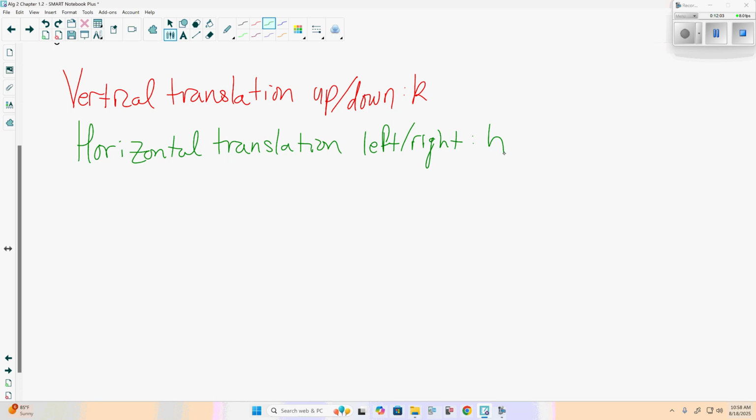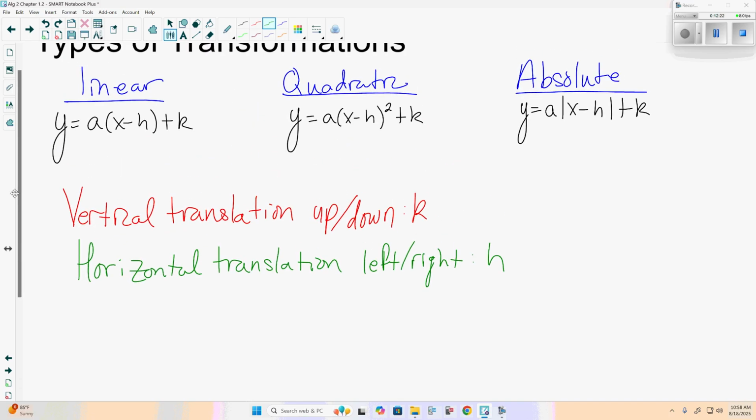That tells us how far the function is moving to the left or right. And with horizontal translation, it's going to be the opposite of what we think. It's going to be the opposite of how it looks, because inside our equations, it's x minus h. It's going to look the opposite. And we'll see that when we talk about it here in a second. It will show up, and I will be able to point that out and show you why it is that way.